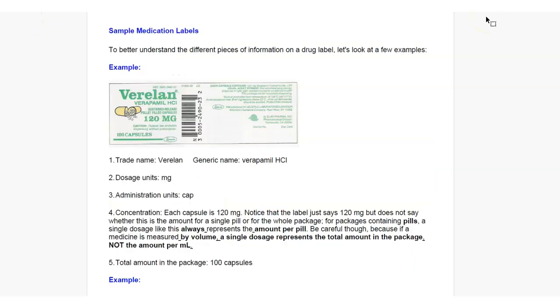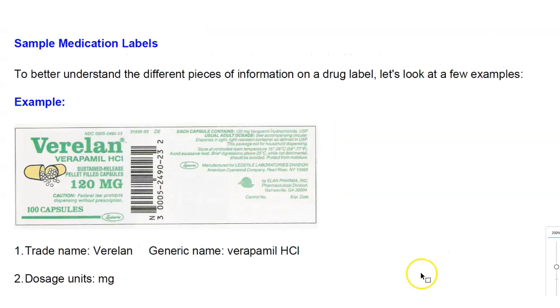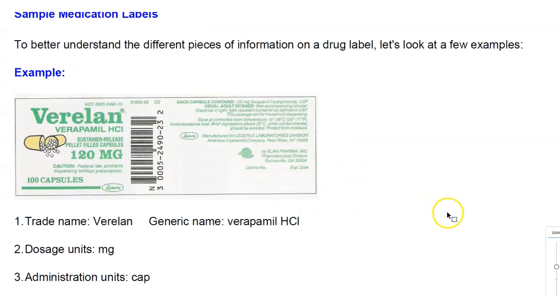So these are some more examples. For this medication right here, if you're looking at the label, you want to look at the trade name. The trade name is Verelan, and the generic name is Verapamil hydrochloride. The dosage in units, so it actually comes in 120 milligrams.